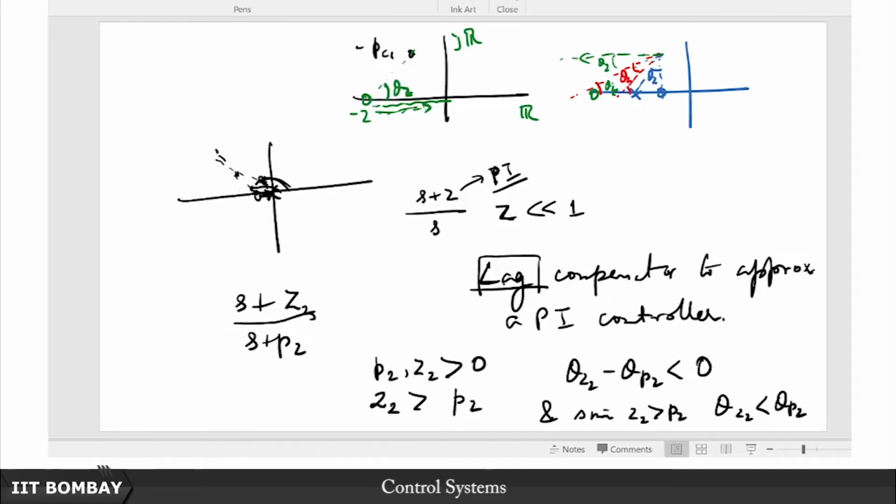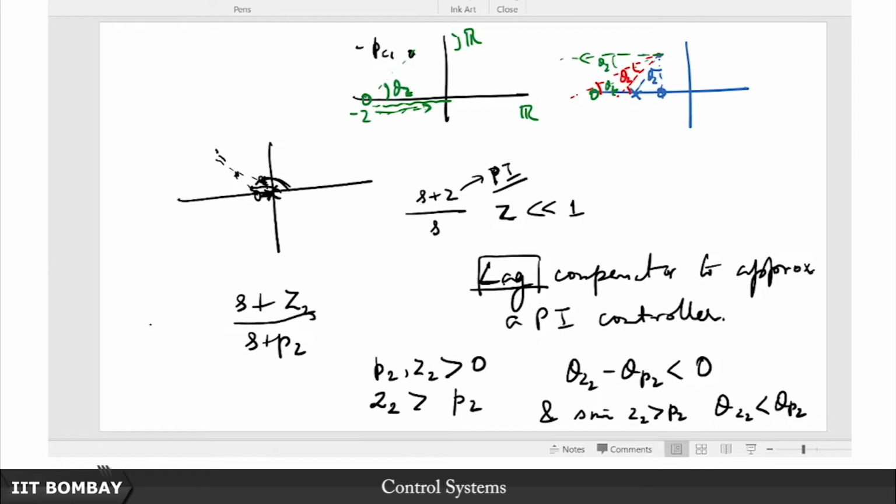But you might ask, we have seen why a PI compensator works. From our analysis of steady state error, when you have a PI compensator, you have a pole placed at the origin which increases the type of the system. So it makes it a type 1 system, and the moment it becomes a type 1 system, it nullifies the steady state error.